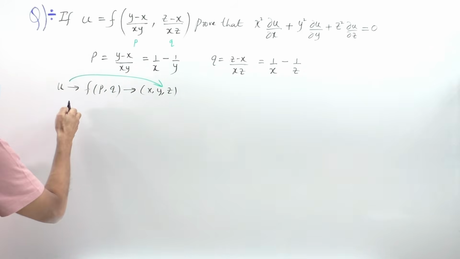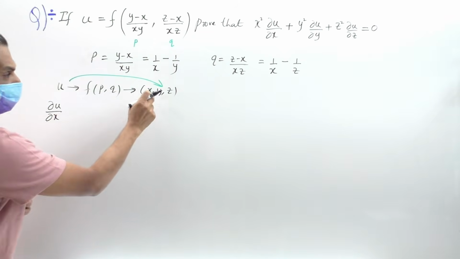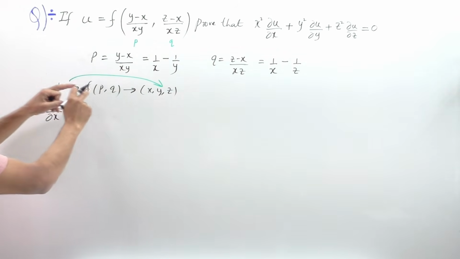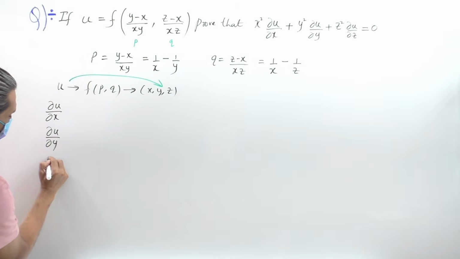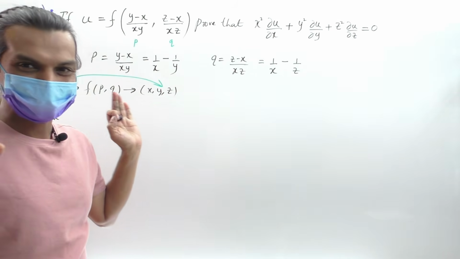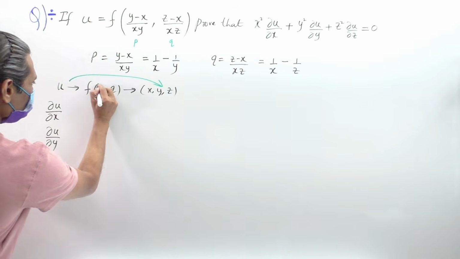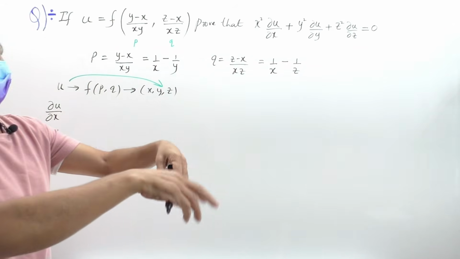One child is dou u by dou x. Other children are y and z, that is, dou u by dou y, and the other one is dou u by dou z. As simple as that. Getting the point here? u has two wives. Two wives have three kids, x, y, z. Then obviously u is a father of x, y, z.